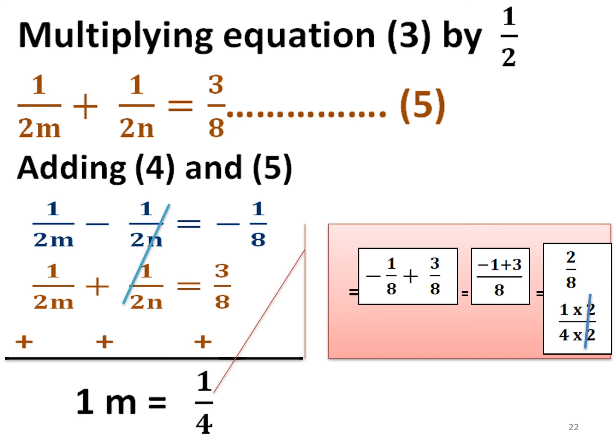So 1m is equal to 1 upon 4, and therefore m is equal to 1 upon 4.